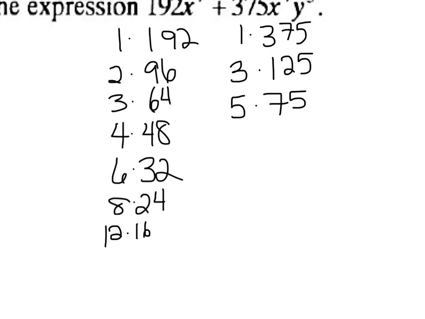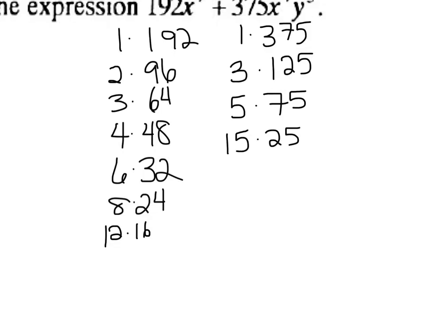Checking 7. Doesn't work. Checking 8. Doesn't work. Check 9. That doesn't work. 10 won't work because it's not a 0. So checking 11. Doesn't work. 12. Doesn't work. 13. Doesn't work. And again, to check, I'm just dividing them by it. 14 didn't work. So then dividing by 15 is 15 and 25.